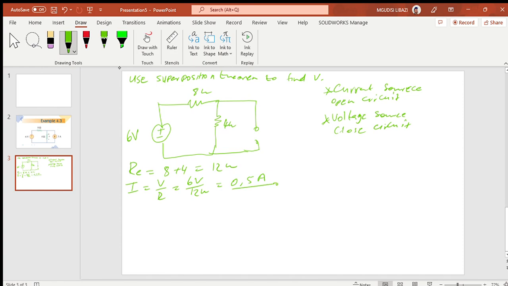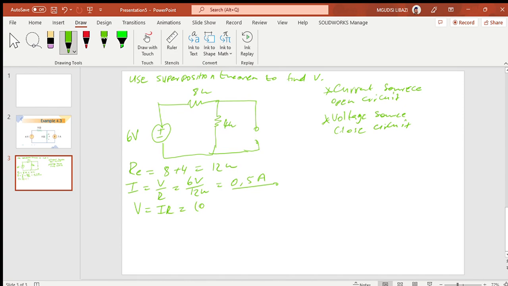Now, since the 8 ohms and 4 ohms are in series, the current at the 8 ohms will be the same as the current at the 4 ohms, and that current is 0.5 amps. Then I calculate the voltage: V equals IR according to Ohm's law.